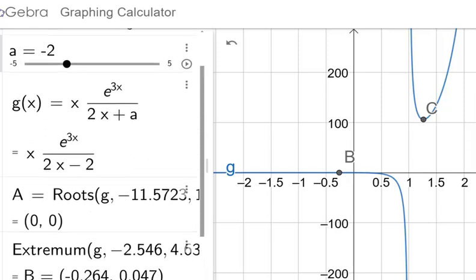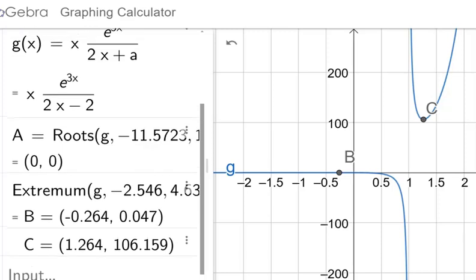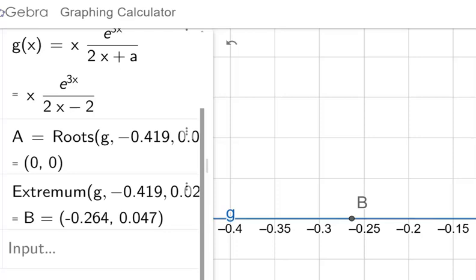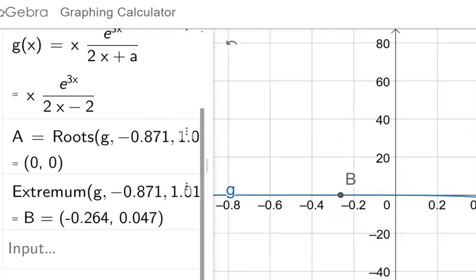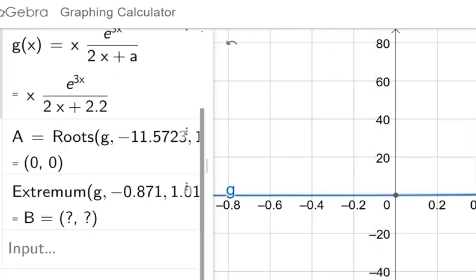That's an a of -2, so that's a place where I've got 2 roots. It's quite hard to see them without playing around, but they're on the screen now where it says extremum at points B and C. It's very hard to see because of the scale that B is a turning point, but it is.